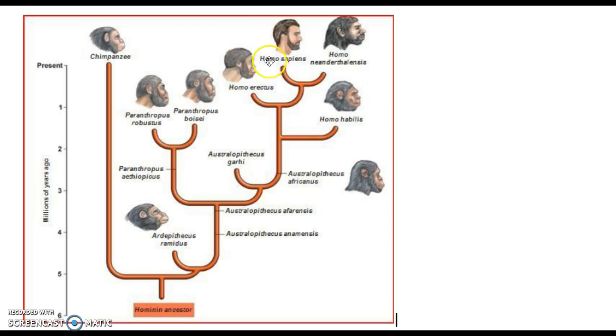Right here we are at Homo sapiens, but we can see all of our potential ancestors by examining this phylogenetic tree. So here we can see chimpanzees, right, separating from another very similar but evolved primate, and so on and so forth.